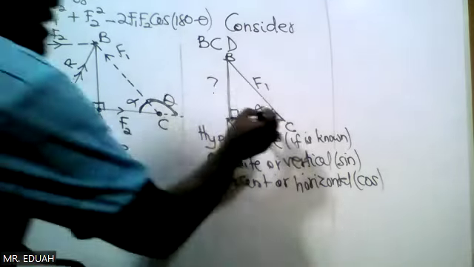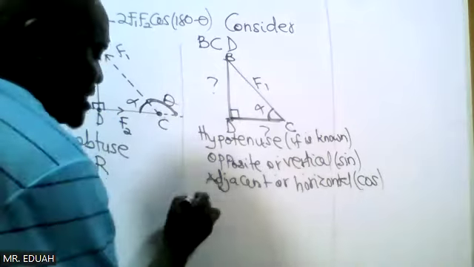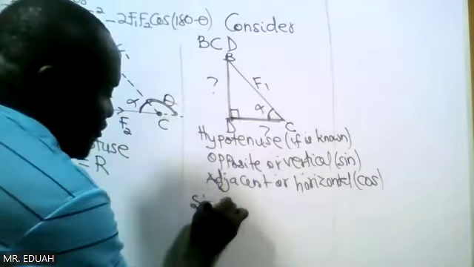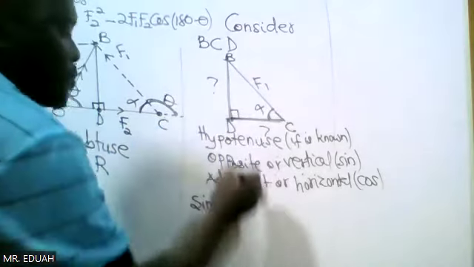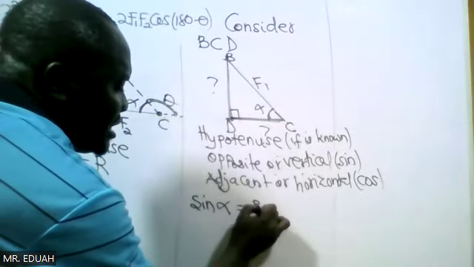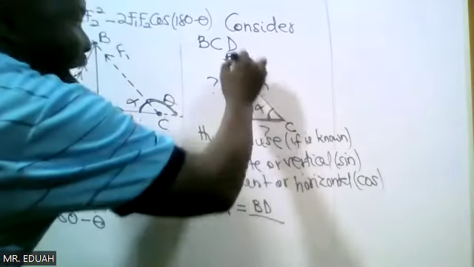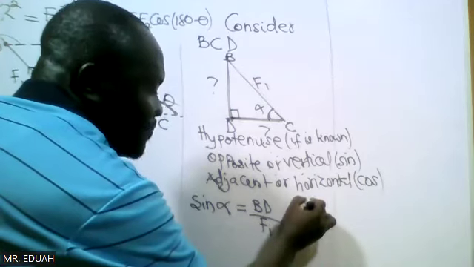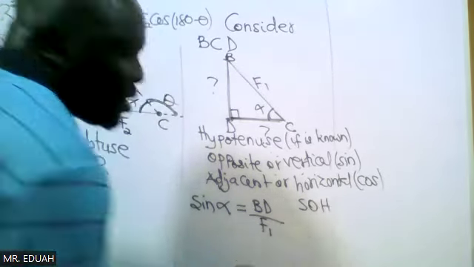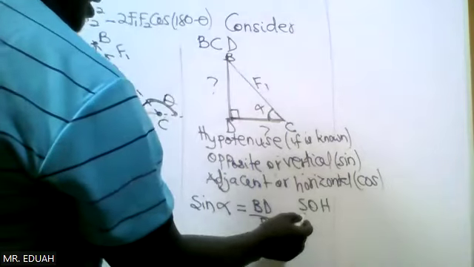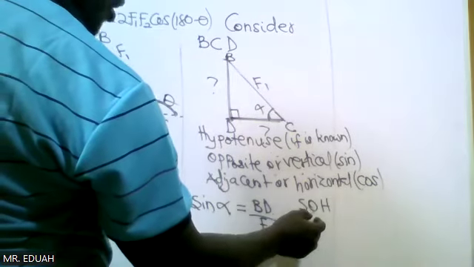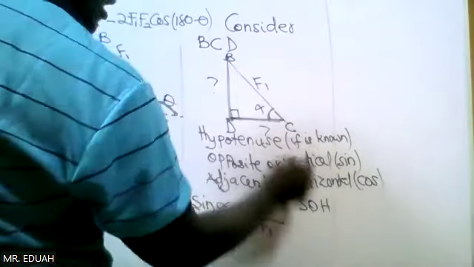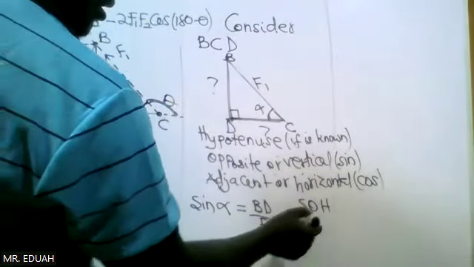Okay, so if I take the sine of the angle, the angle is alpha. This is opposite, which is BD over the hypotenuse F1. In fact, sine is, so the S indicates sine, O indicates opposite or vertical, and H is the hypotenuse.